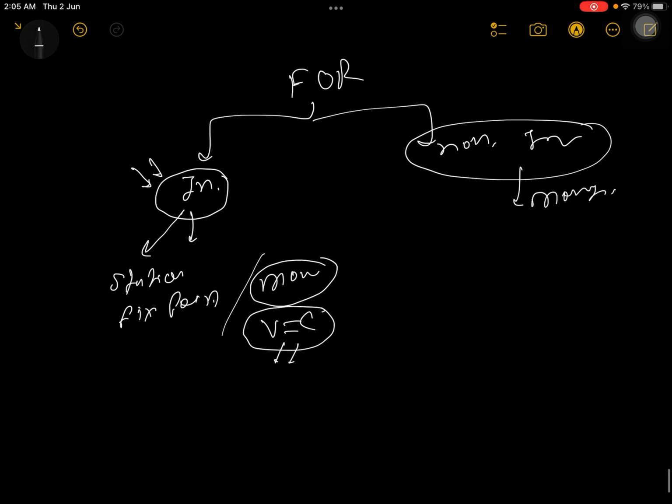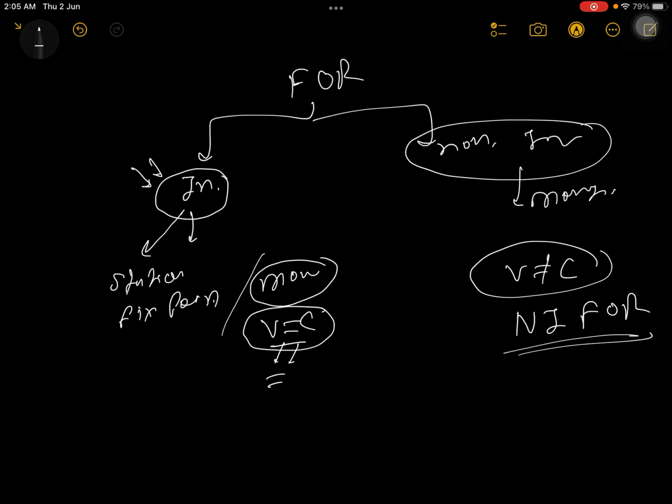Just for the time being, understand that velocity should be constant. The object can move, no problem, but velocity should be constant. If the object is moving but the velocity is not constant, in that case the frame of reference is known as a non-inertial frame of reference. Clear? Okay.